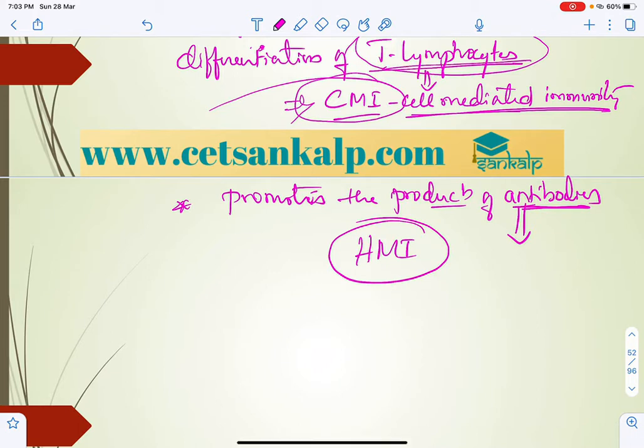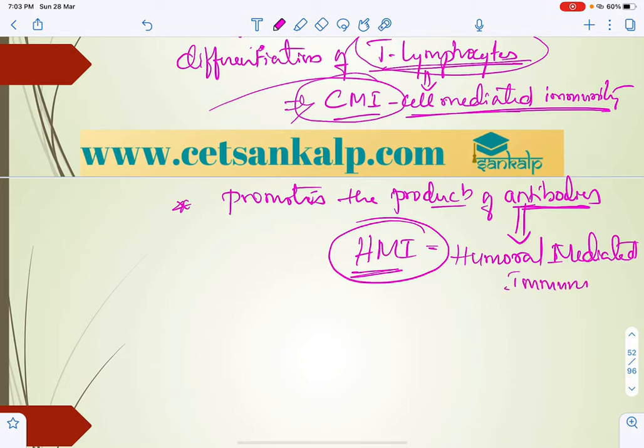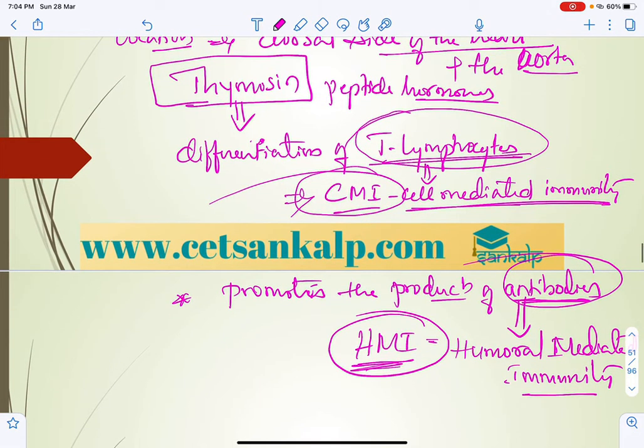Humoral mediated immunity is provided by antibodies. So direct questions we can expect here. In old people the size diminishes, and the thymosin degenerates, atrophies.